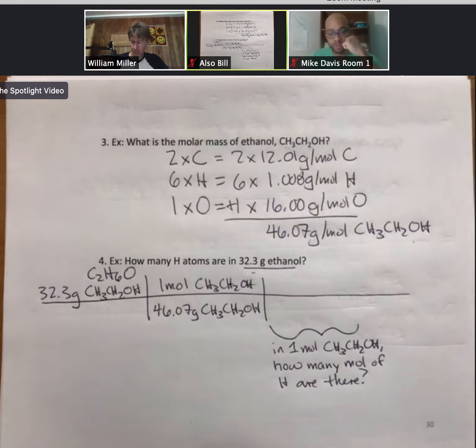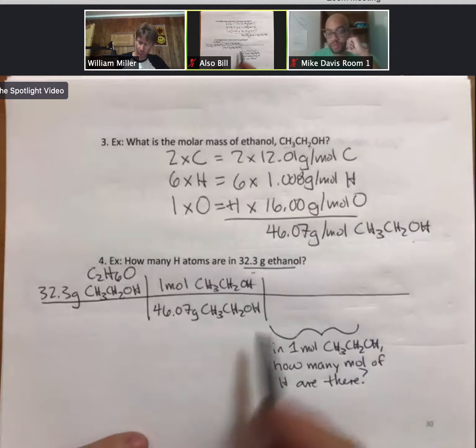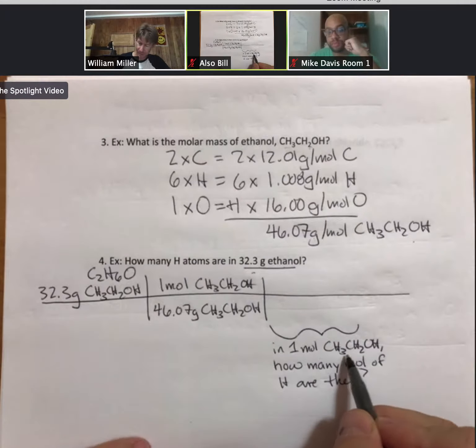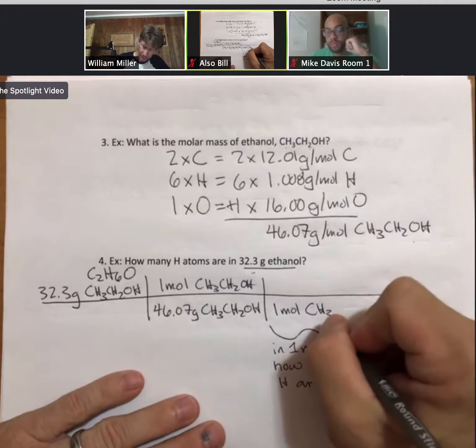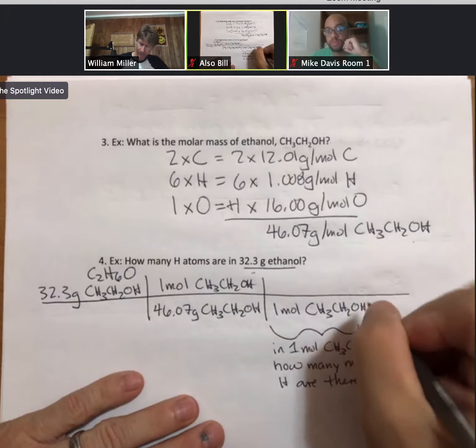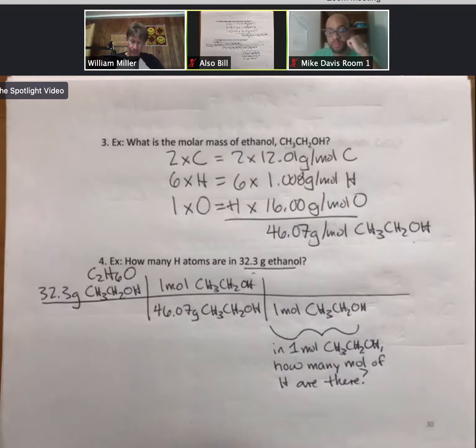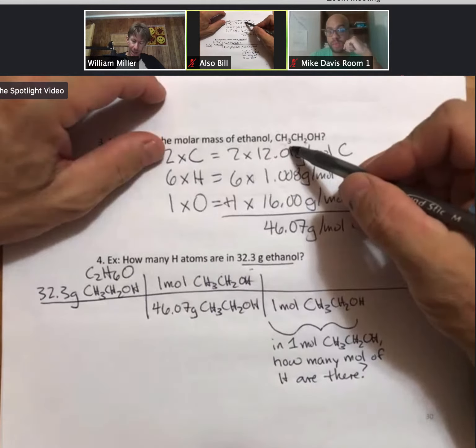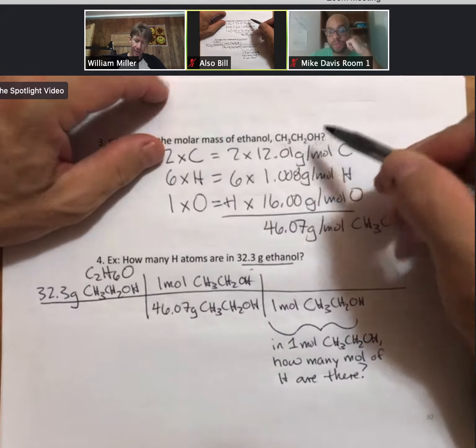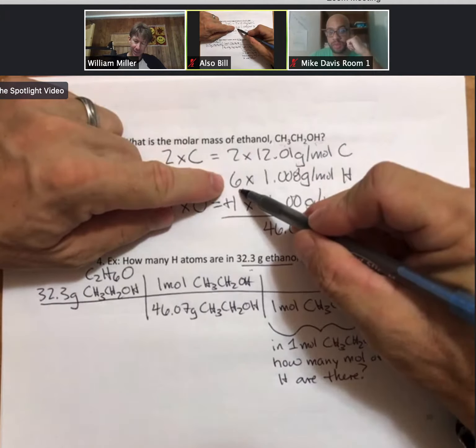What I would suggest is, well, let's backtrack. If I have 1 molecule of ethanol, there are 6 hydrogens, or 6 hydrogen atoms.